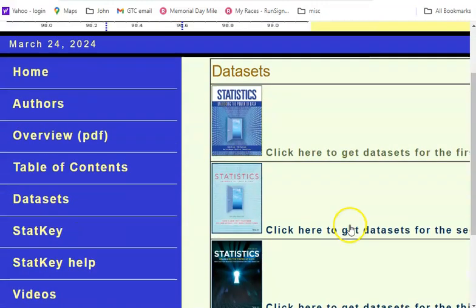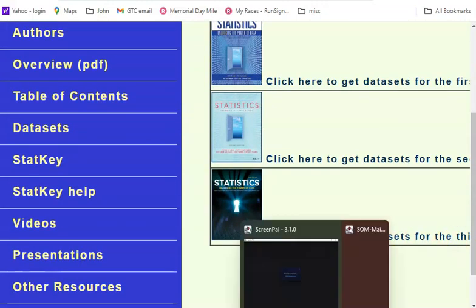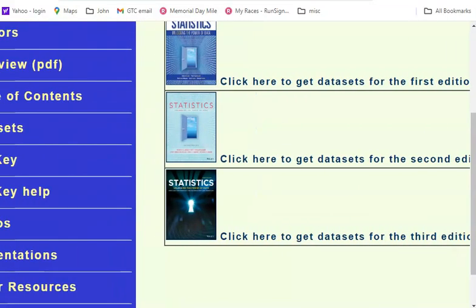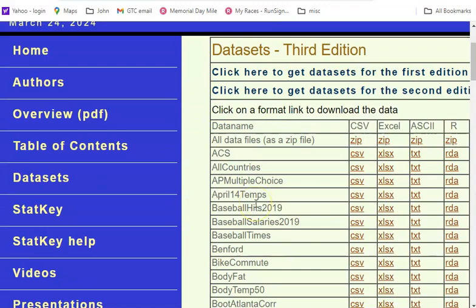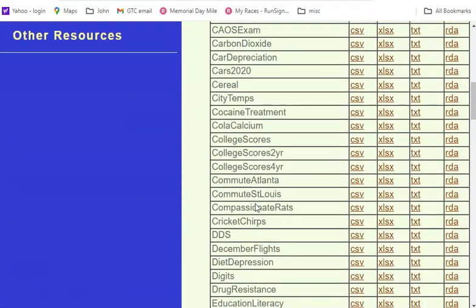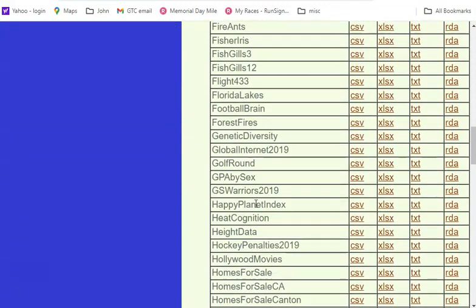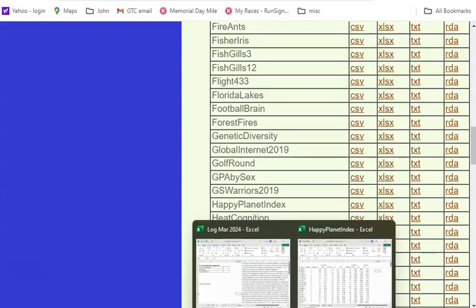So we'll click there and we'll go down to the most recent edition, third, and click right here. We'll look for Happy Planet. It is here. We can click there and save it, our Excel document.